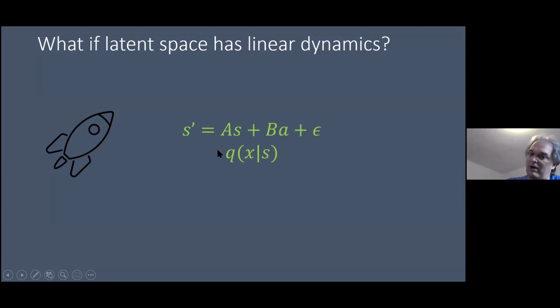Now maybe we have an observation process. So instead of actually knowing the location of the rocket, all we get is the image of the rocket. And based upon the image of the rocket, we want to be able to learn to control the rocket.